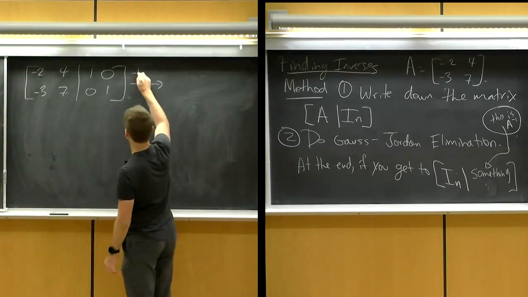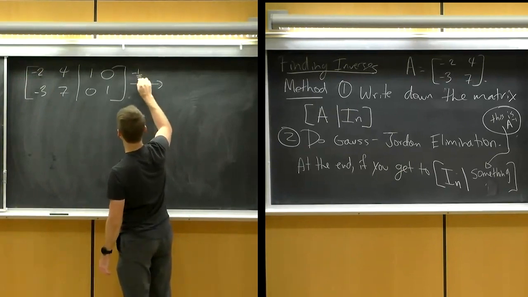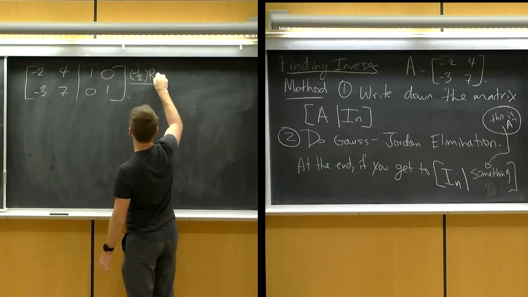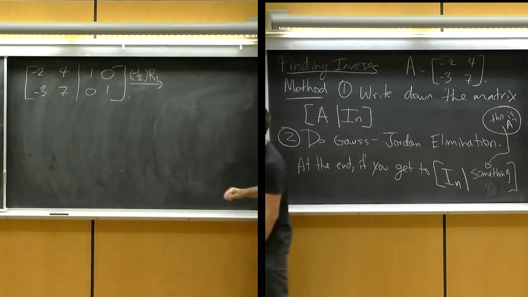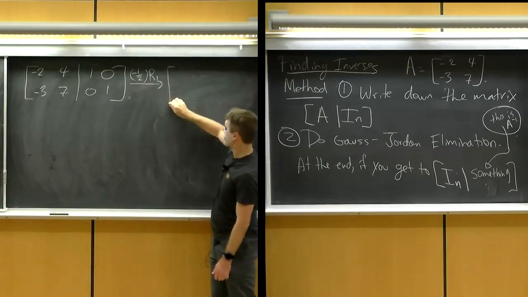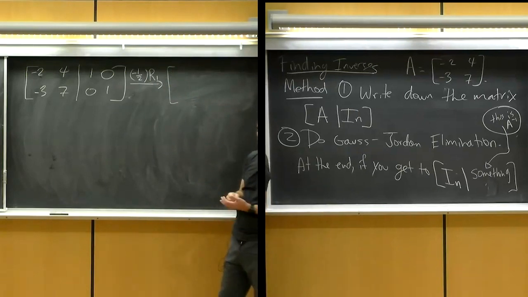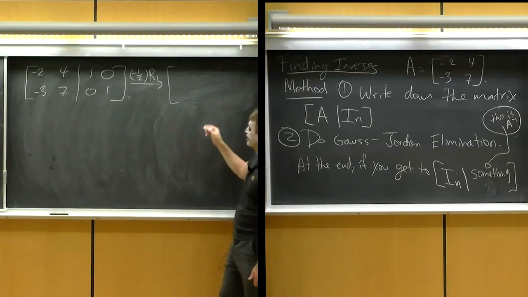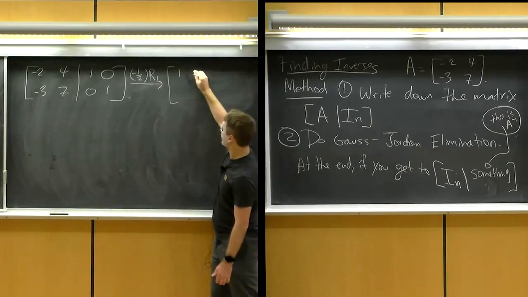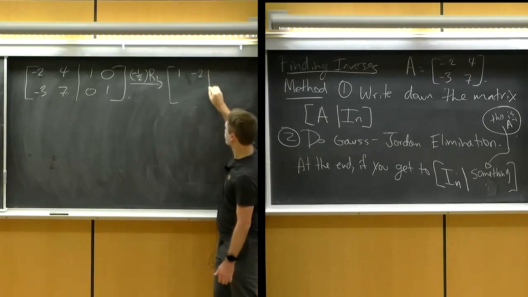So I'll take -1/2 row 1. By the way, if you're not solid on Gauss-Jordan elimination, this can come up tomorrow, so this is some practice.